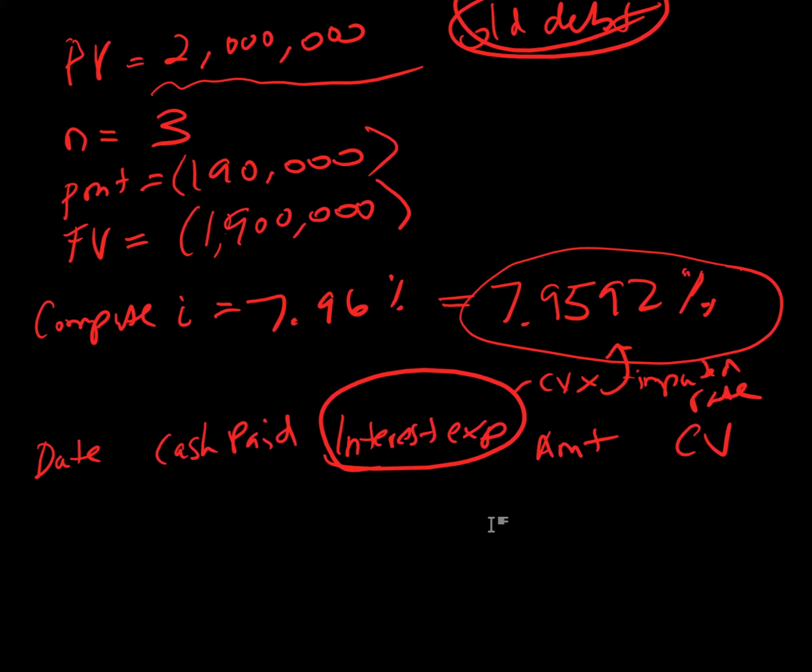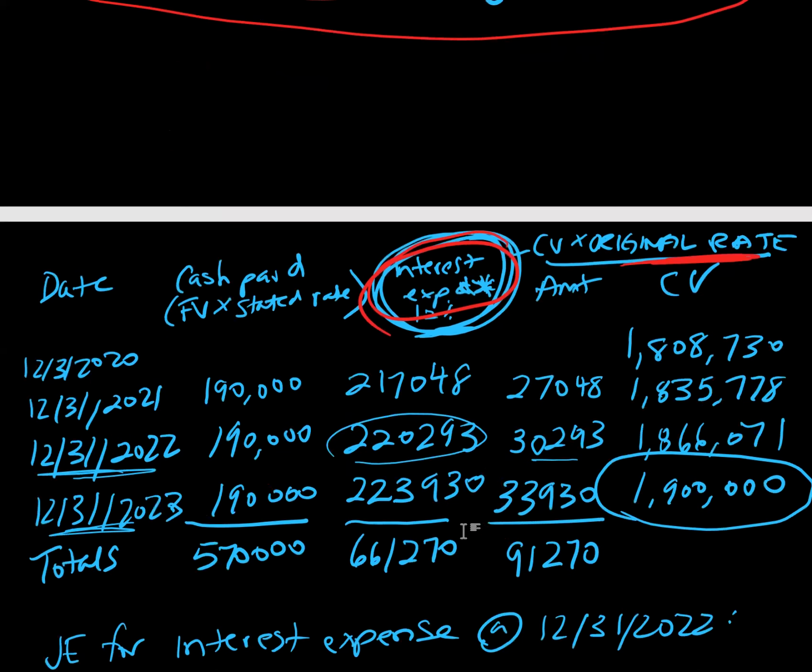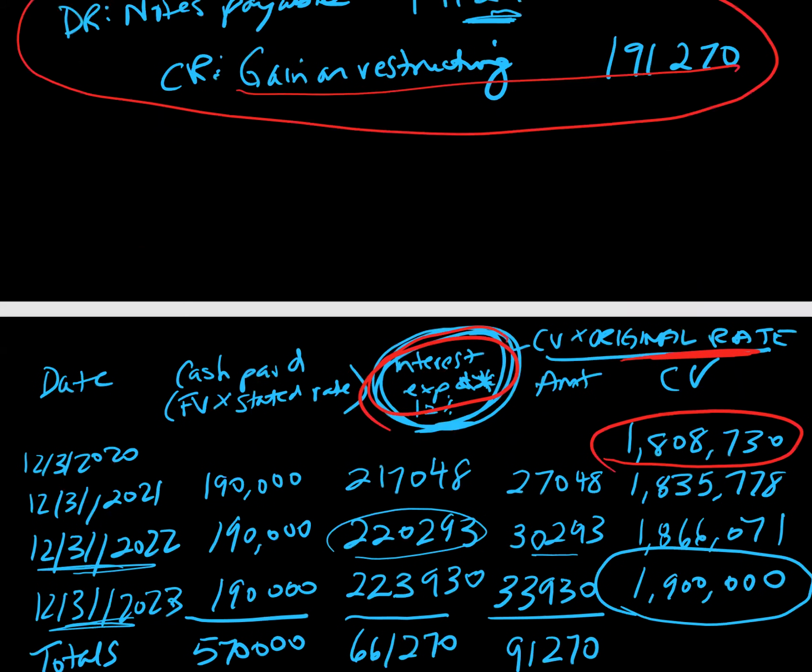And there's one other really important difference: what is our original carrying value going to be? So let's put in the date here of 12/31/2020. Now remember in ASPE, if we go up here, our carrying value on day one was 1,808,730. And the way that we got there is because we recognized this gain.